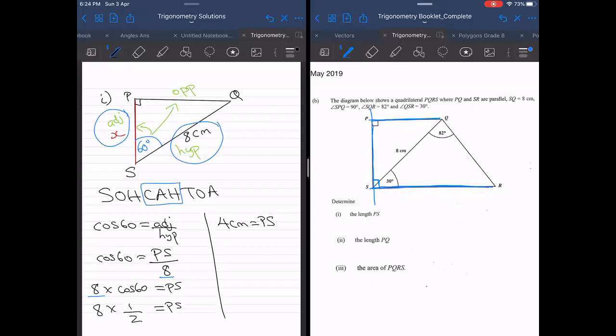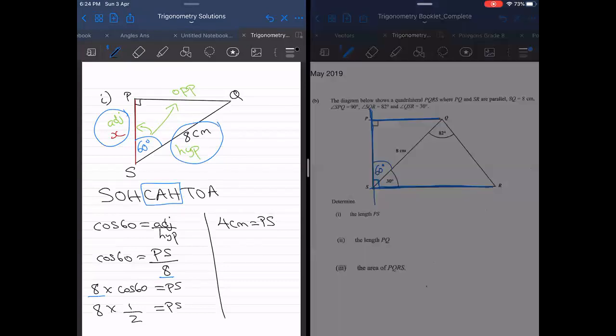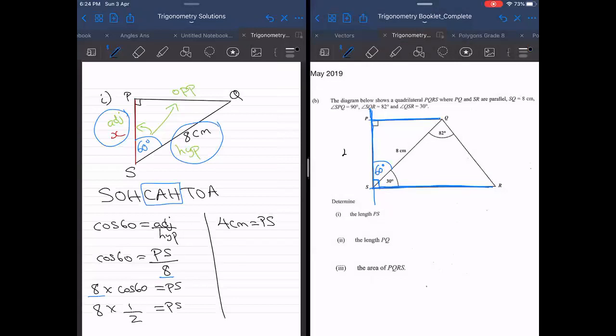And then I'm saying if that same straight line made a 90 degree at the top, it has to make a 90 degree at the bottom. So you're trying to think what plus 30 gives us 90. That's how I have 60. So we now know that this side is 4 centimeters.